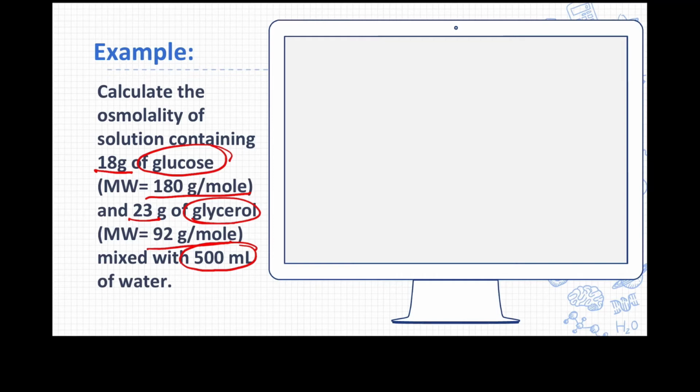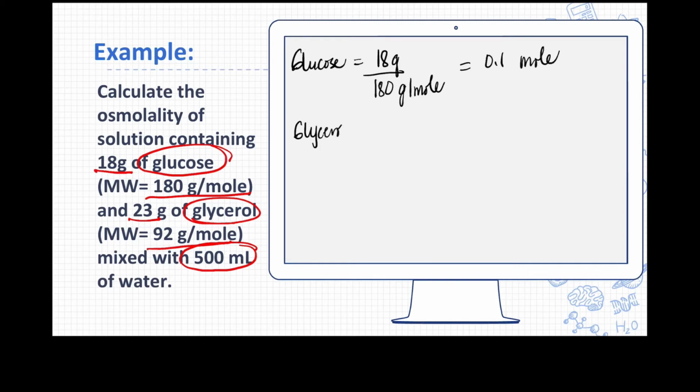So in this case, let's have first the glucose. So for example, we have the glucose, which is 18 grams divided by its molecular weight. So this would give us 0.1 mole. For the glycerol, it's 23 divided by 92.